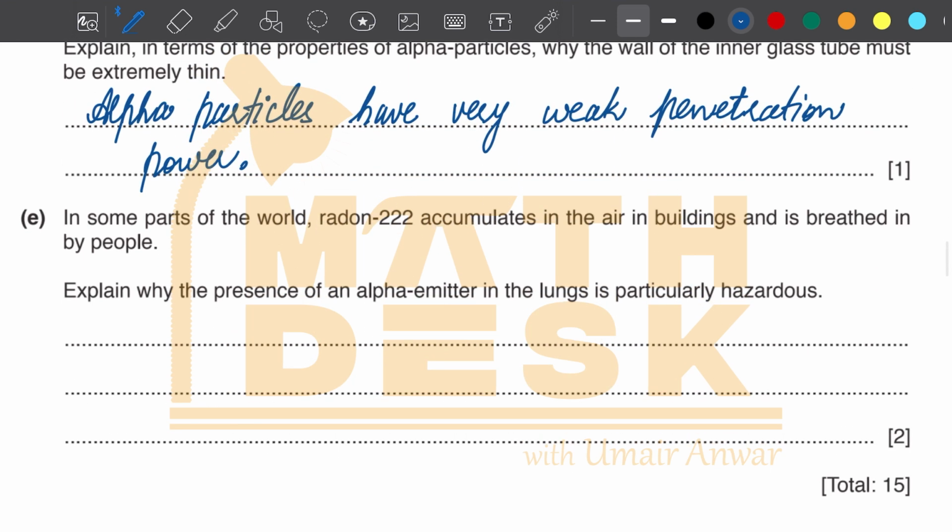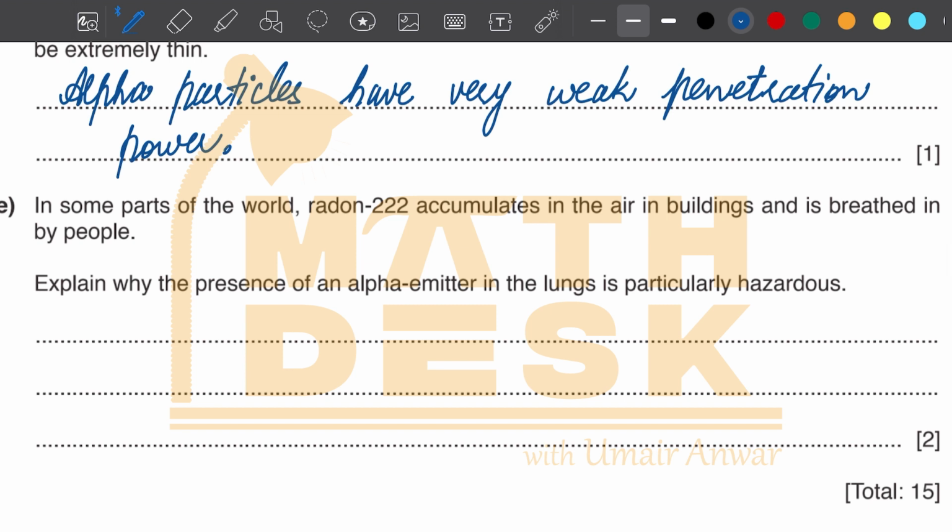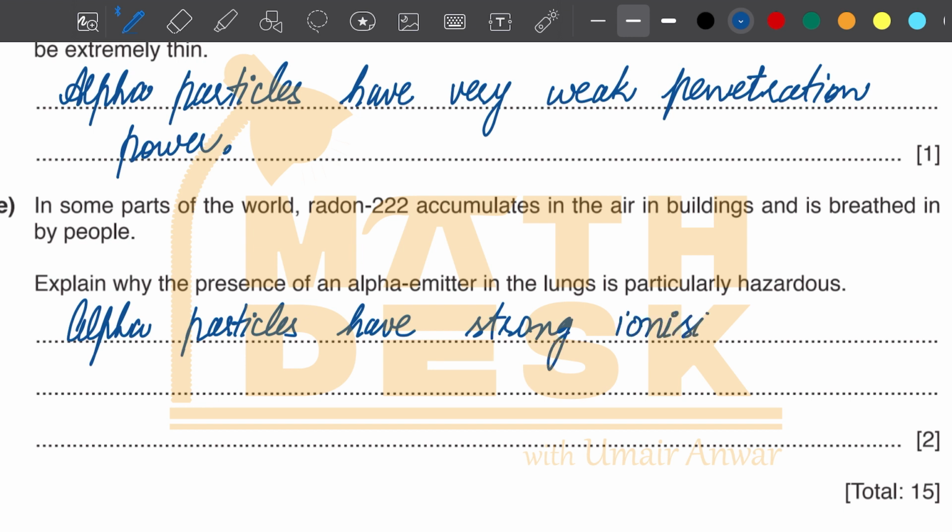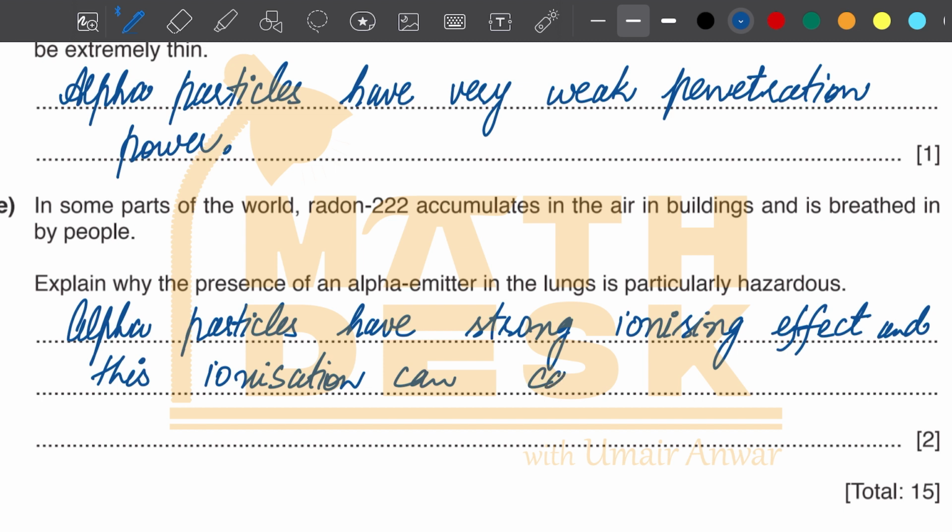So it is hazardous because alpha particles have a strong ionizing effect, and this ionization can cause cell mutations or cancer in the human body.